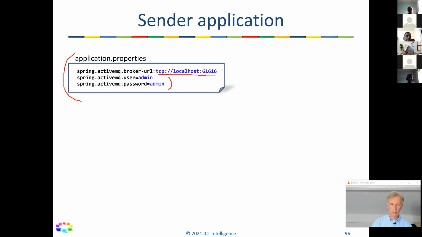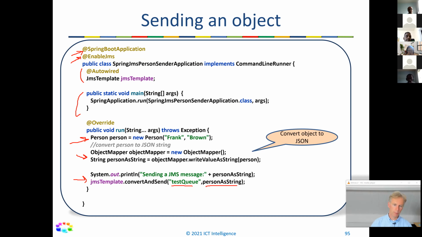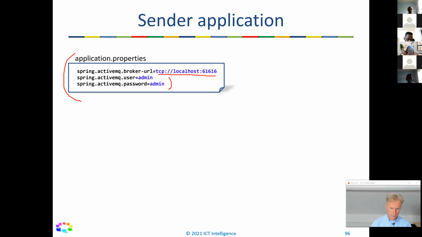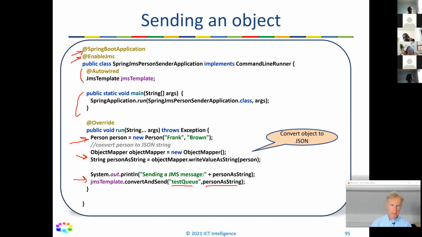Spring will read application.properties. So again, Spring does everything for me. The moment Spring sees @EnableJms, it reads application.properties. It knows how to call ActiveMQ. It creates a JmsTemplate. And when I say convertAndSend, it will send it to ActiveMQ. This is my sender.